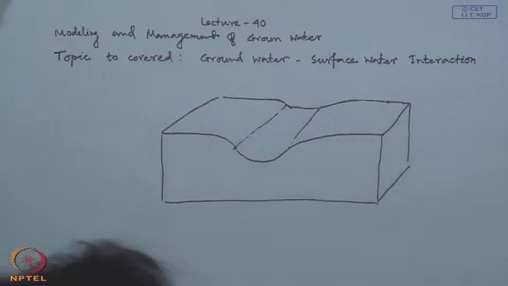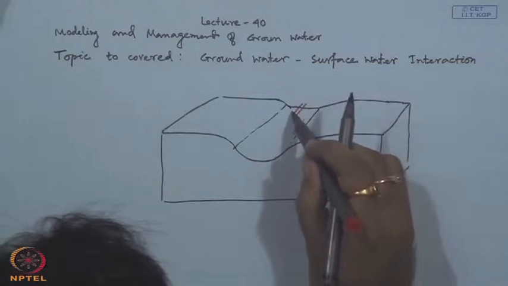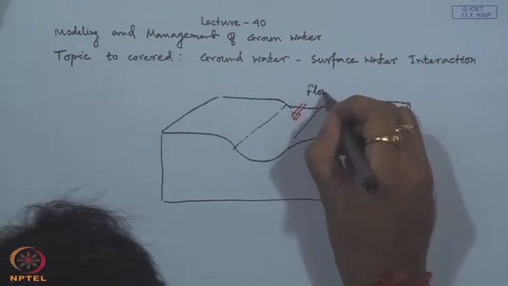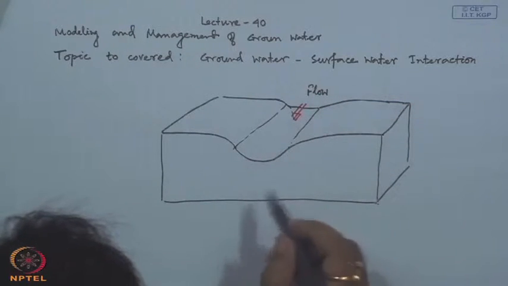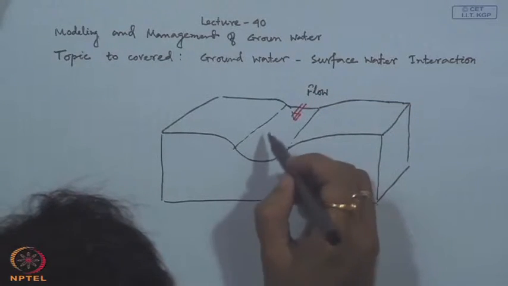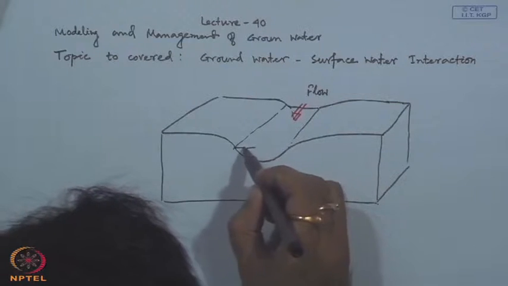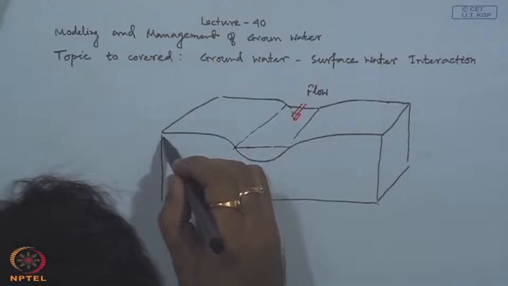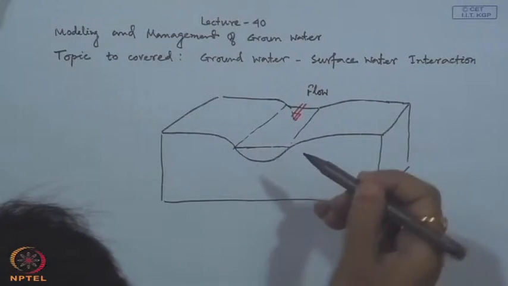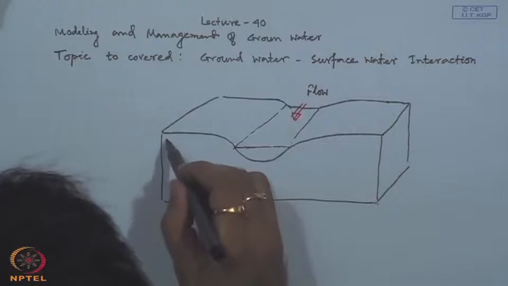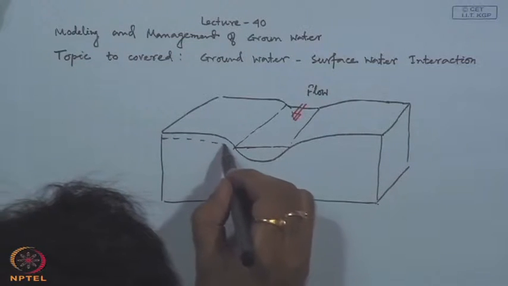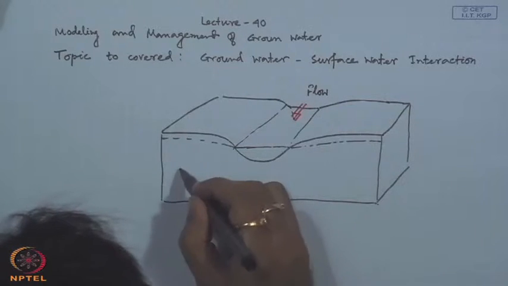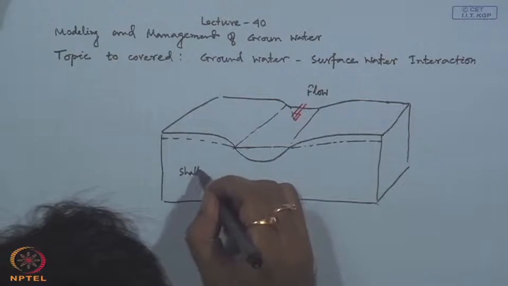So, this is the direction of flow for the stream. Let us say that this is our water table, and this is the stage height in your stream, and this is the water level in the nearby aquifer, which is again a shallow or unconfined aquifer.